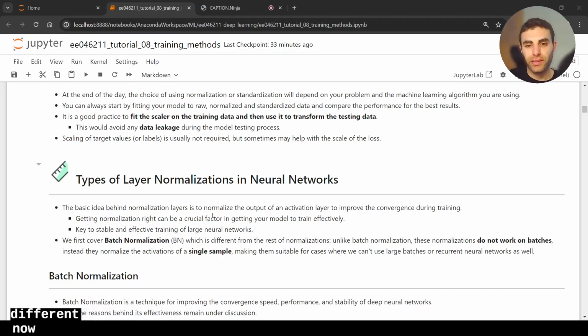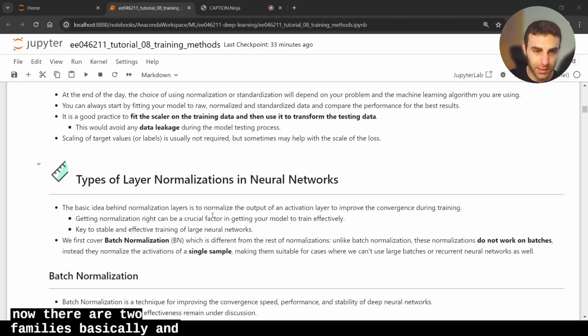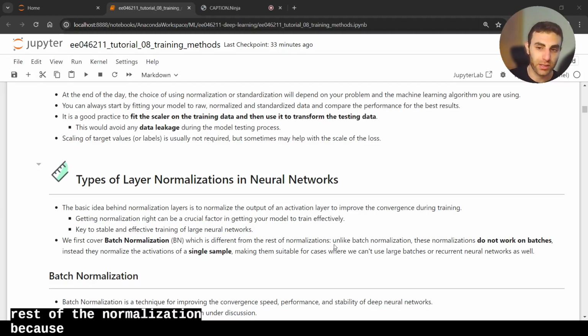Now there are two families basically of layer normalizations. We first cover batch normalization, or BN, which is different from the rest of the normalizations because the other normalizations do not operate on batches and they normalize activations of a single sample, making them suitable for cases where we can't use large batches or even recurrent neural networks.